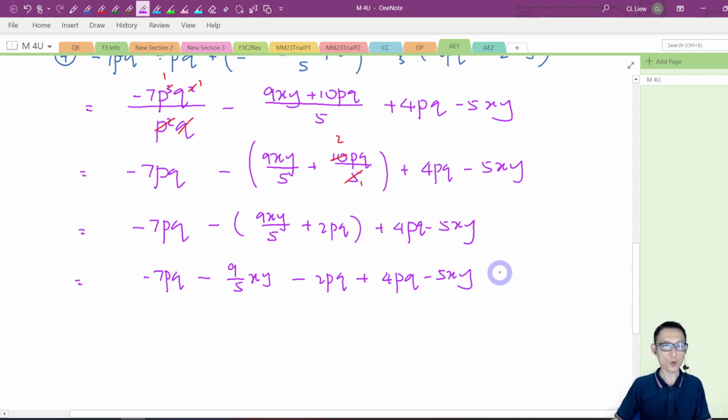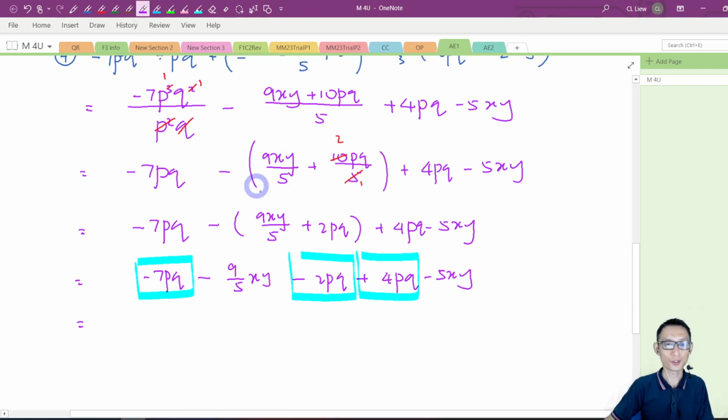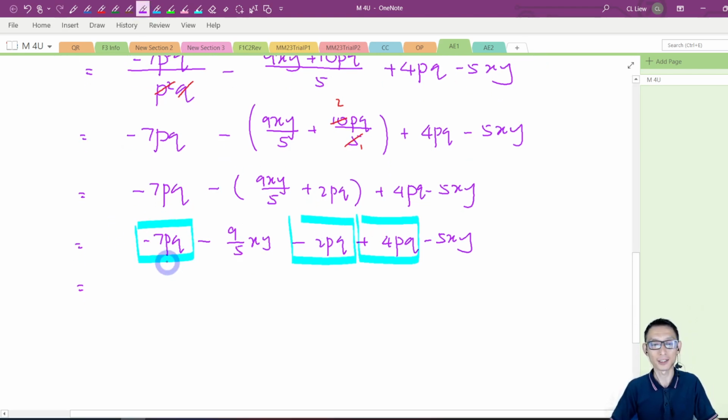Okay, so now we only left plus and minus. So remember, only like terms we can plus and minus. Focus on pq, the term with the variable of pq first. Do you notice that when I make a rectangle over each like terms, I include together the sign in front of it.